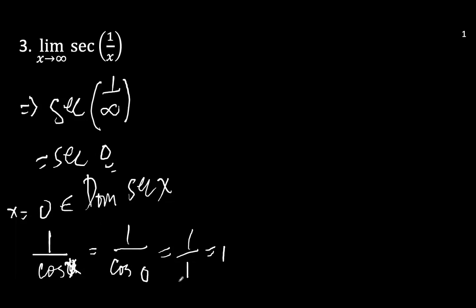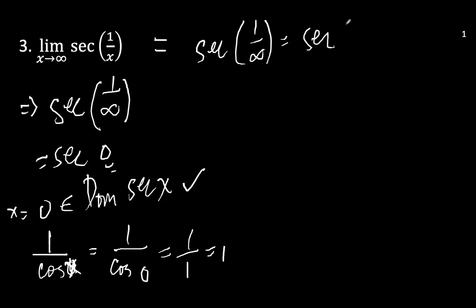Since the result is not undefined or indeterminate in form, then we can substitute the infinity into the inner function 1 over x in the given problem. So to solve for the limit, we have secant 1 over infinity, which is equal to secant 0. And secant 0 is equal to 1 over cosine.